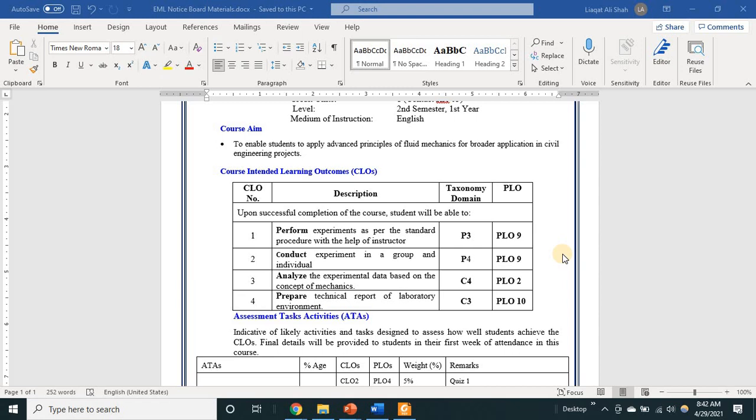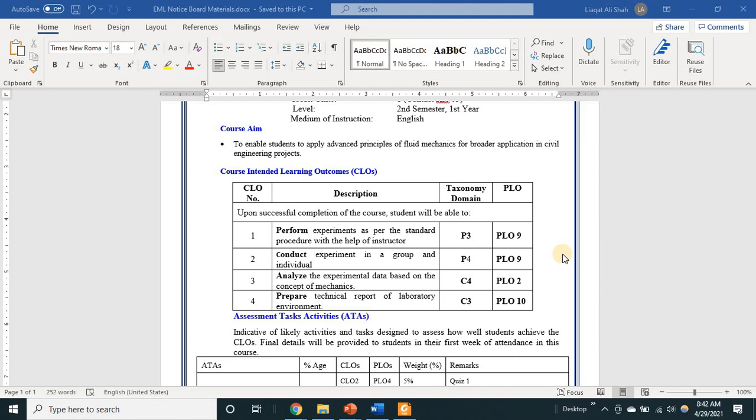So in the first CLO you will perform experiments in the lab, and conduct experiments in a group and individually. The third CLO is to analyze the experimental data. You will extract the data based on your experiment, and you will analyze it. The fourth one is to prepare a technical report of the laboratory environment.